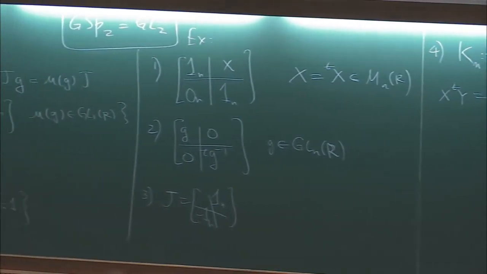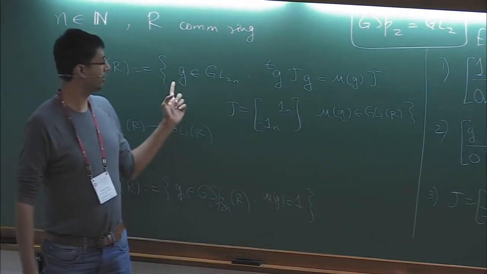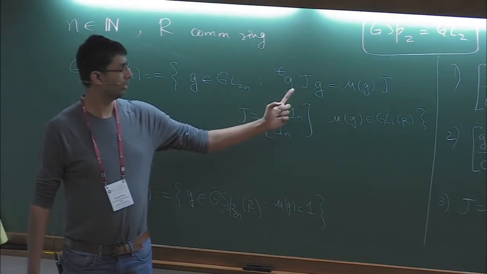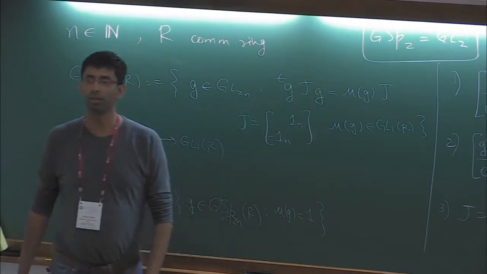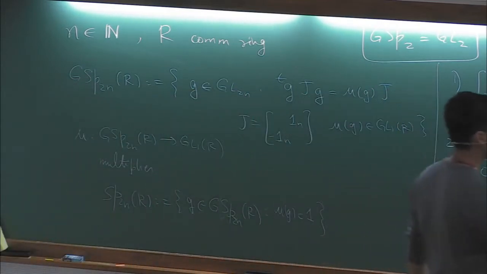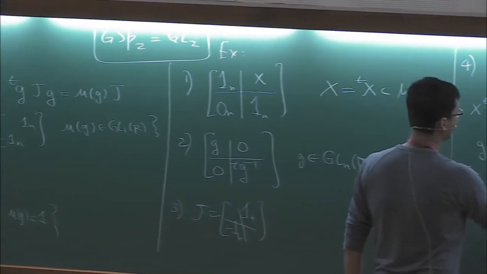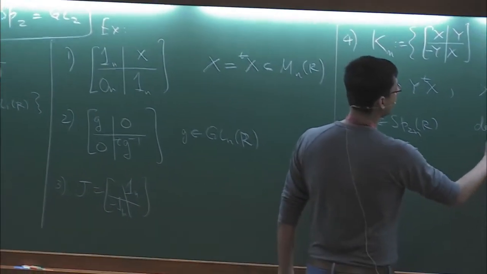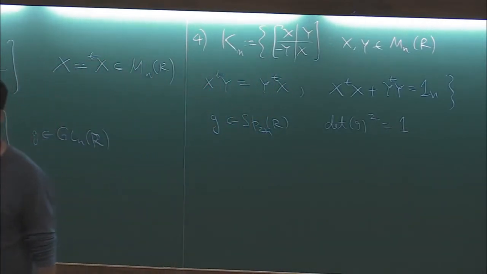And you will notice, if you look at the defining condition, the determinant squared of any matrix here is mu of g to the power 2n. So if you are inside sp2n(R), then determinant of g squared is actually equal to 1, because your similitude is 1.